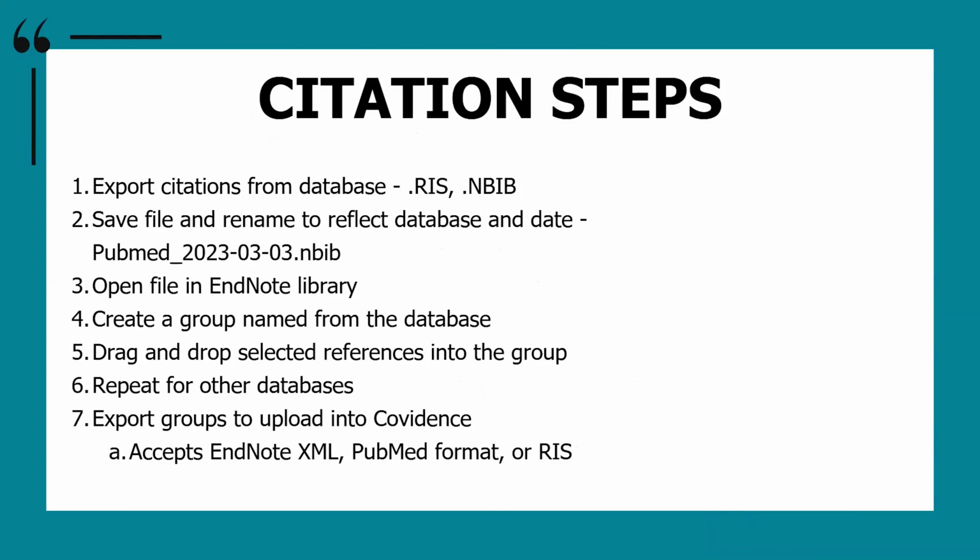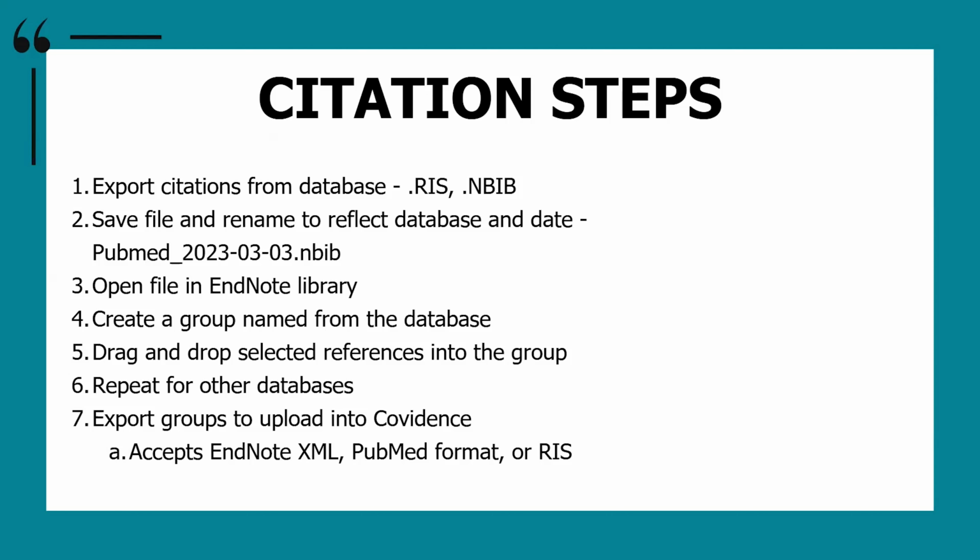So when we do our citations, this is a general idea of what you would do. You would input a search string in a database, and then you'll want to export that citation, usually in a .ris file, or if it's in PubMed, it's an .nbib file. Anytime you are searching for evidence synthesis, you want to document your information. So you want to save the file and rename it to reflect the database.